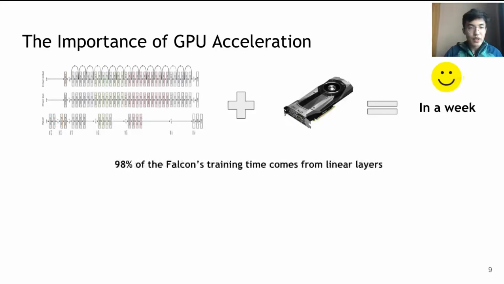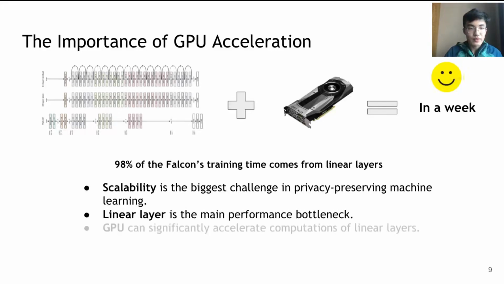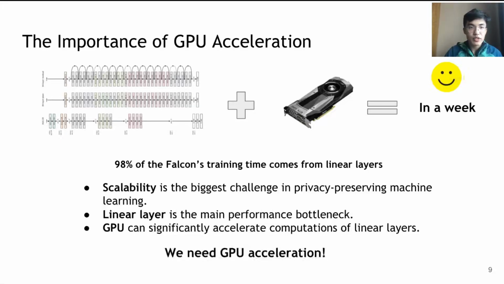In fact, we observe from the state-of-the-art privacy-preserving training work Falcon that 98% of Falcon's training time comes from computing linear layers. To sum up, scalability is the biggest challenge in privacy-preserving machine learning, and the linear layer is our main performance bottleneck. GPU can significantly accelerate computations of linear layers. Therefore, we need GPU acceleration for privacy-preserving machine learning.